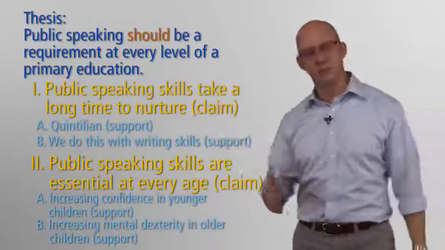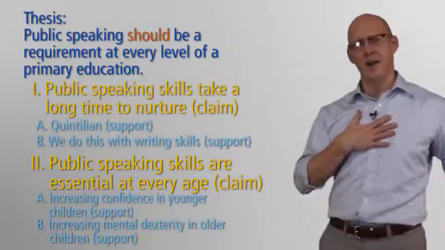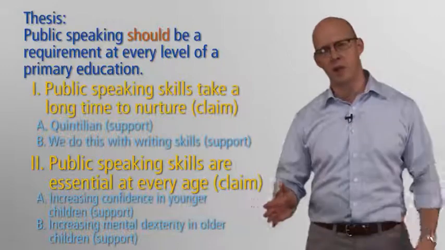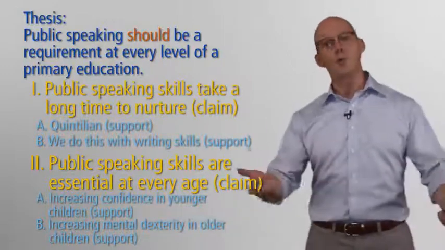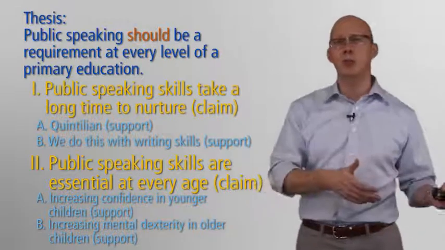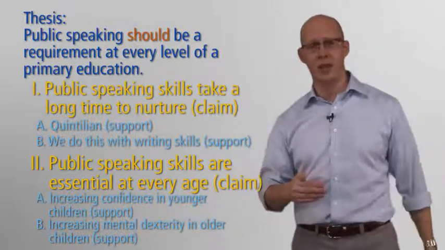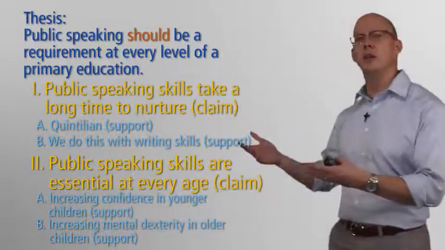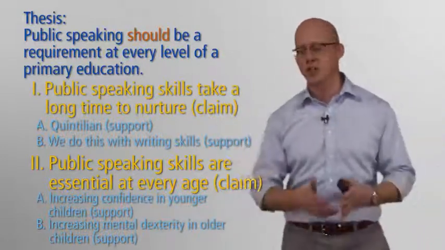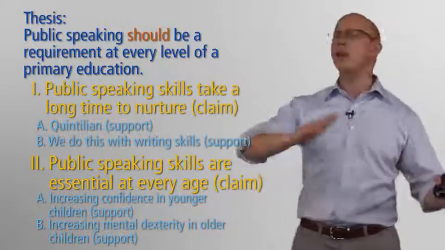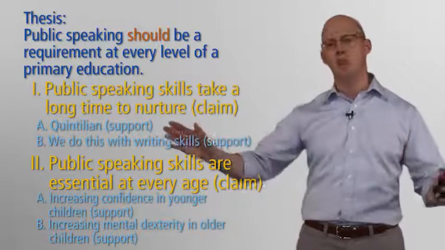Here's another example, different thesis, one I personally believe: public speaking should be a requirement at every level of primary education. Well, why would this be? I've got two claims. Public speaking skills take a long time to nurture, and public speaking skills are essential at every age. Under that first one, I've got a piece of support, Quintilian, a Roman rhetorician who wrote a book laying out a cradle-to-grave model for speech education.